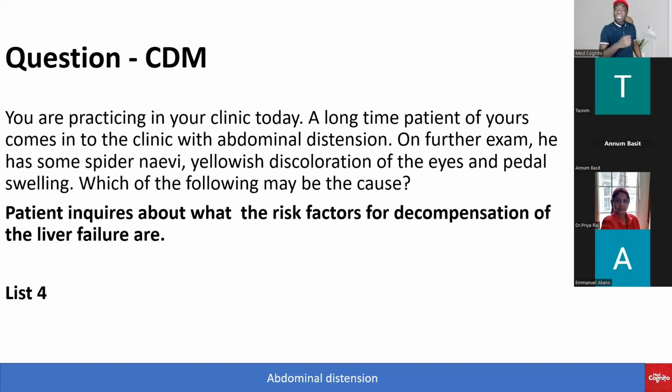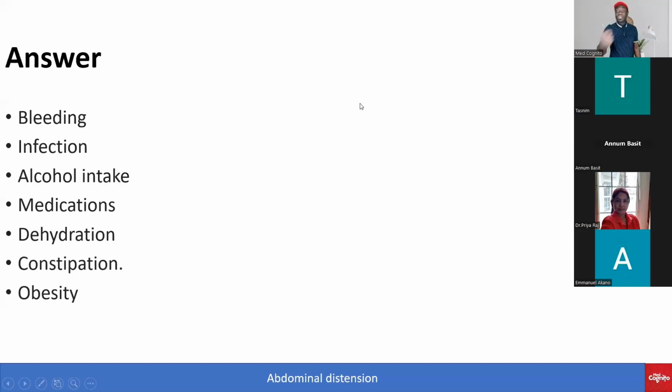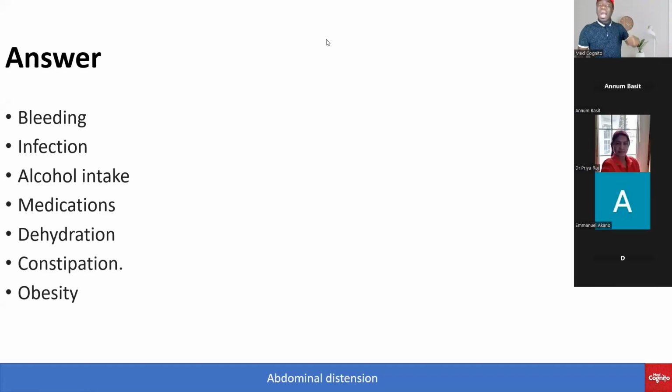Drugs. Okay. What else? Look, bleeding. So if the patient has variceal bleeding, the patient can decompensate. Dr. Raj, do you see that most of the time when they have variceal bleeding, a lot of complications come in and they eventually die? Infections, yes. Patients who have spontaneous bacterial peritonitis. Alcohol intake.